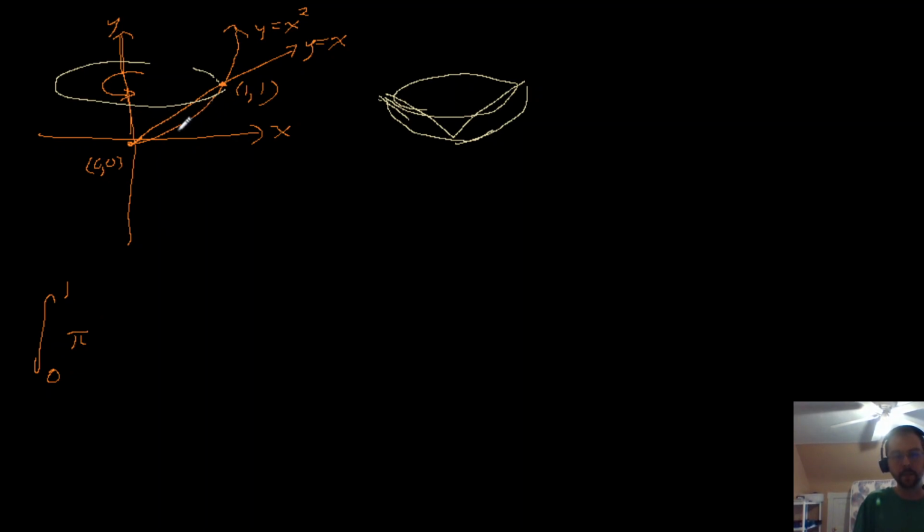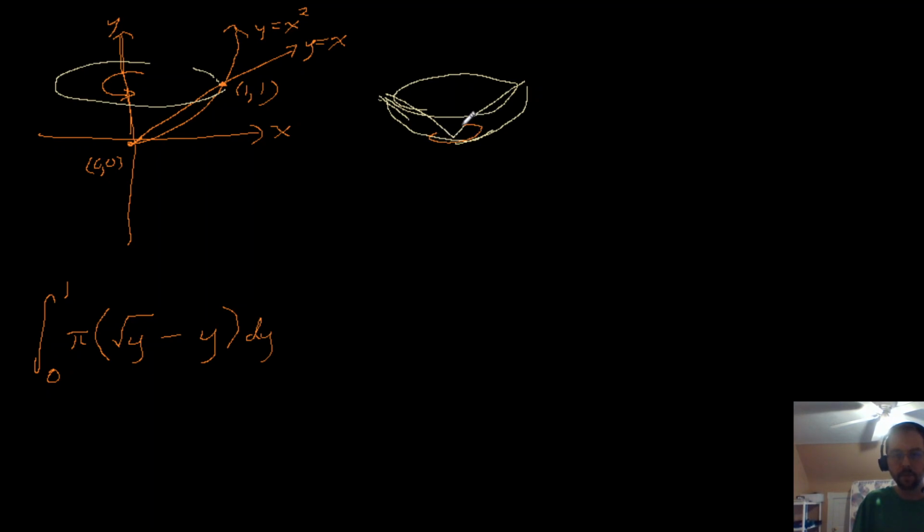R is going to be this one minus this one. When you solve these for x, it's the outermost one, which is x equals square root of y, minus the inner one, which is represented by the value y, dy.